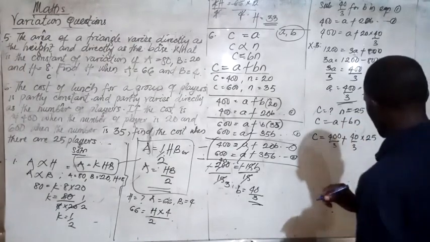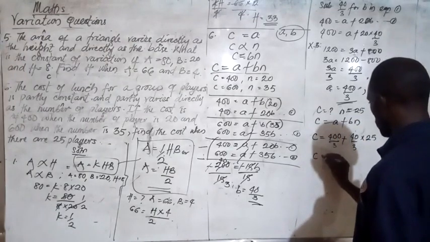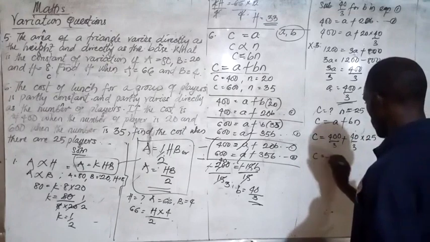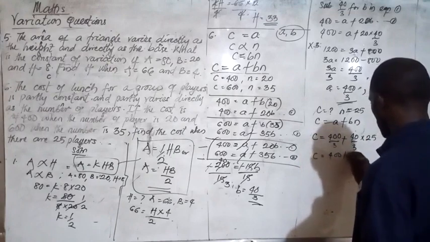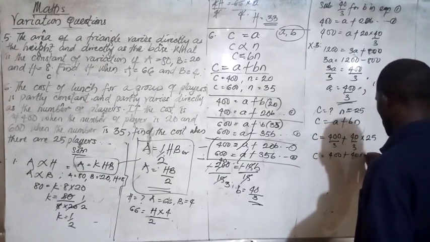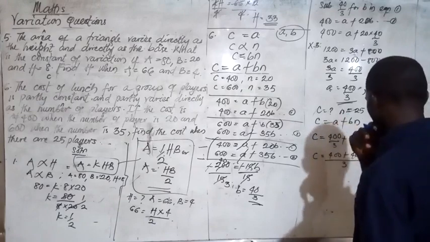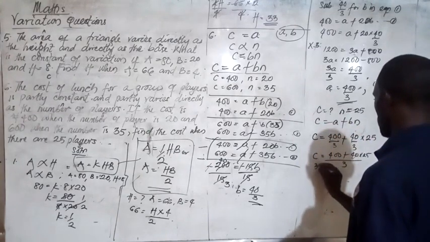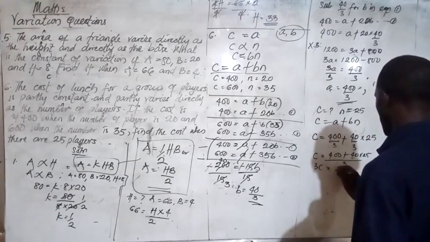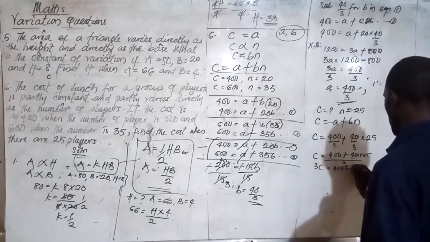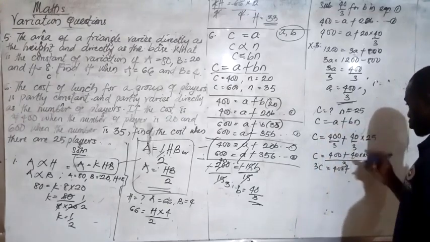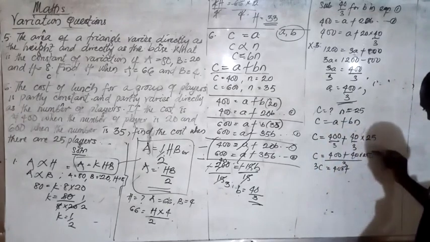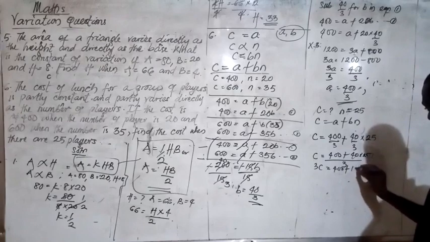So we can go on to say that C will be equal to 400 plus 40 by 25 all over 3. So that we have 3C is equal to 400 plus 40 times 25, which is going to be 1,000.